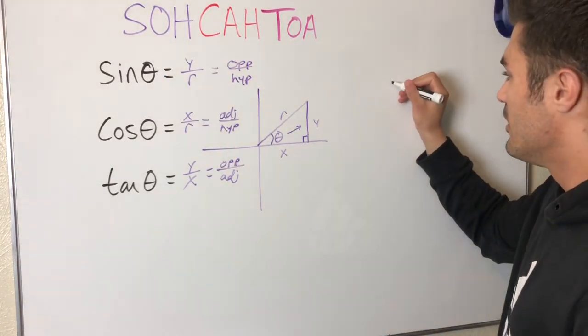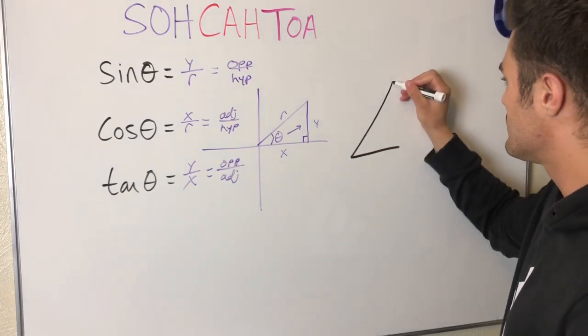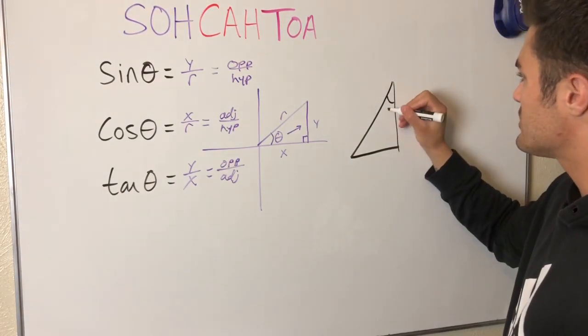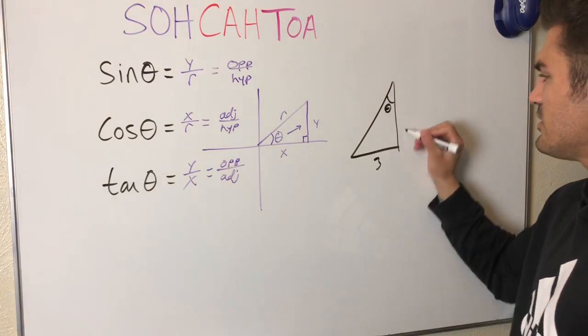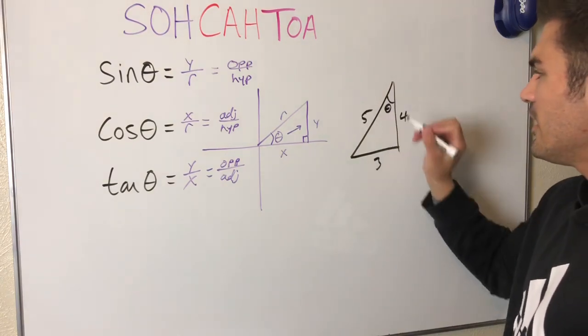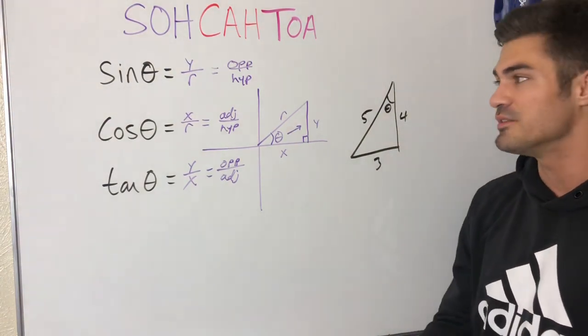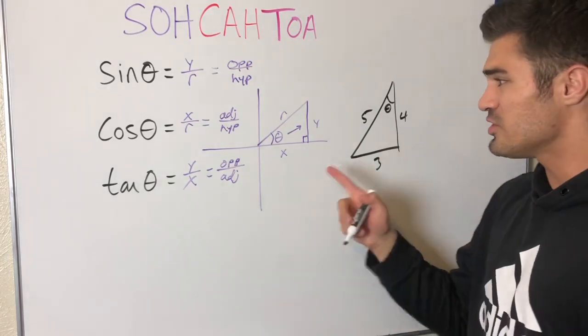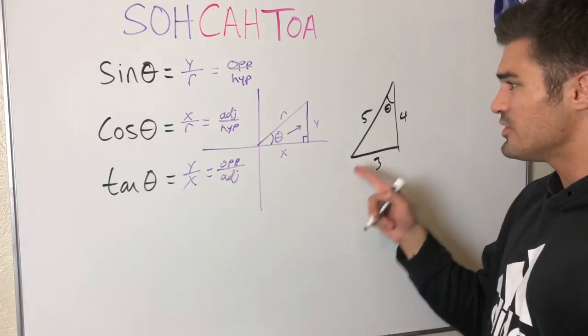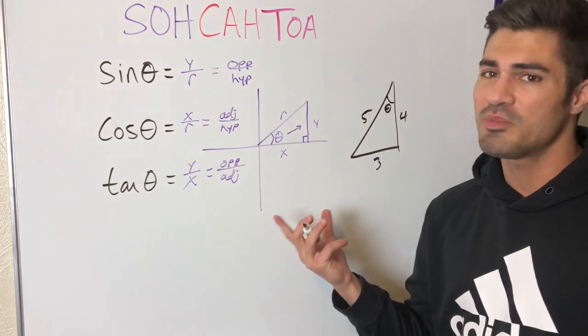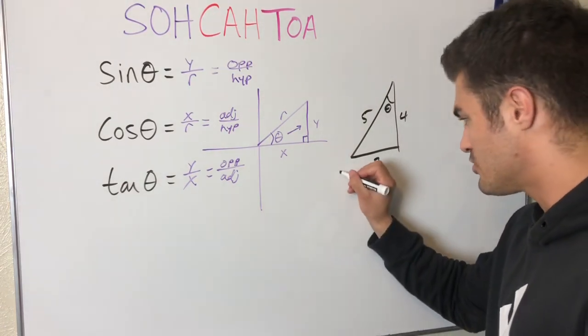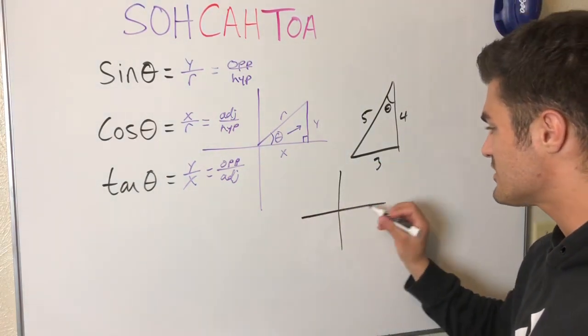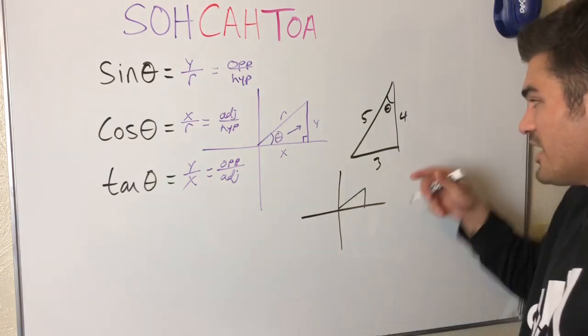Here's an example. Let's say you're given some triangle like this, and you're given theta. Let's say this is a 3, 4, 5 triangle, and you're asked to find the sine of theta. Well, in order to use x, y, and r, I need to put this on the xy plane in standard position, right? So I need to draw my y-axis, my x-axis, draw the angle here, and relabel everything.